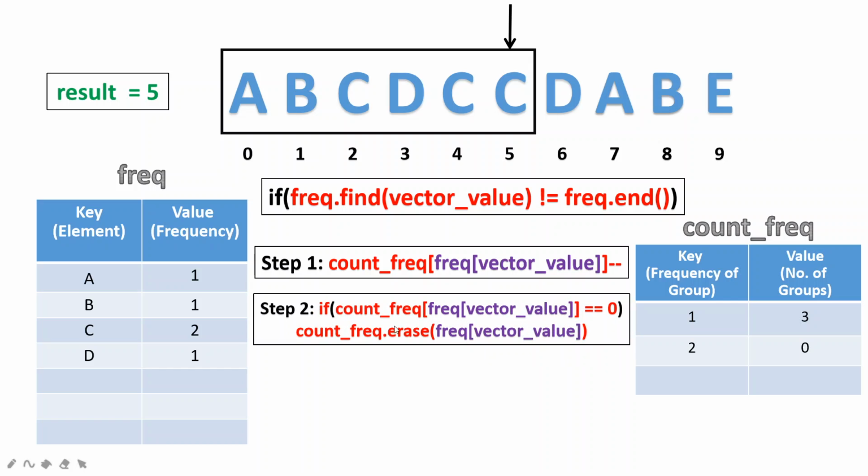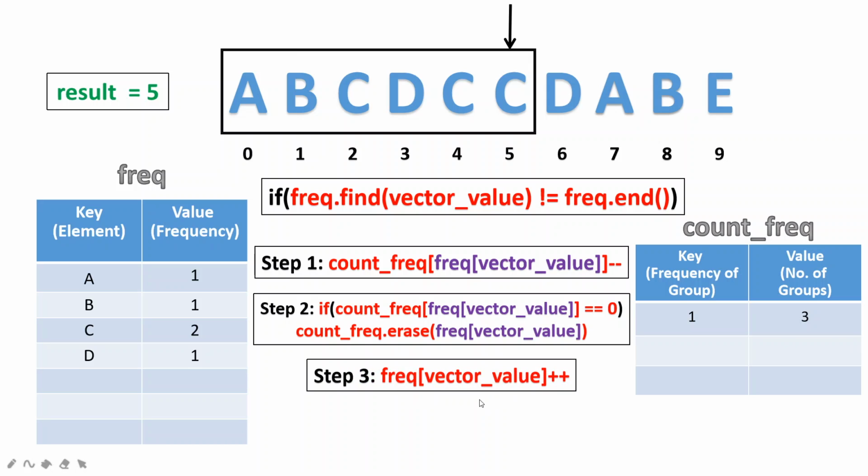So the next step is if the resultant value is 0, then we need to erase that element, which becomes empty. Now step 3 is basically increment the value. So the corresponding C, that is the vector value, that is 2, we will increment it, becomes 3.